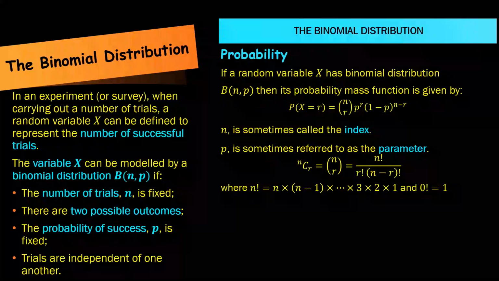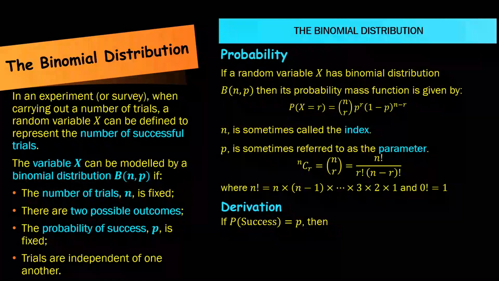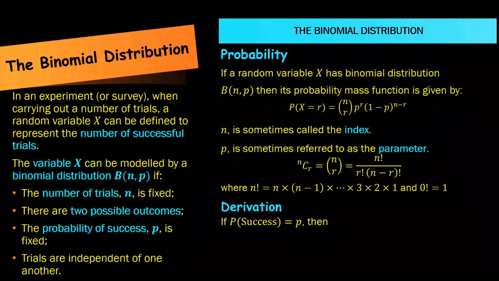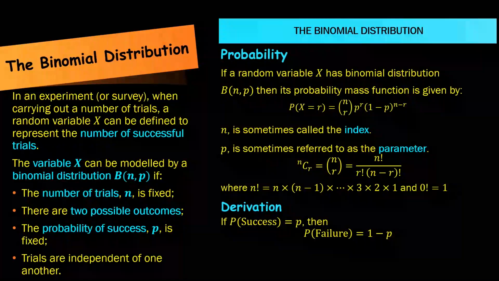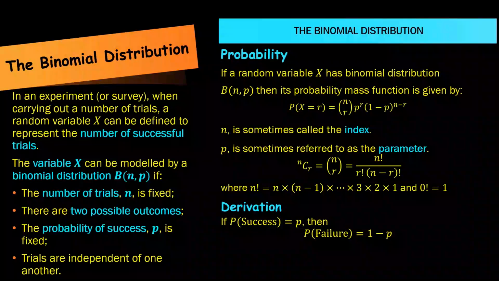This is convention. Also, if the probability of a success equals p, then the probability of a failure equals 1 minus p, since of course there are only two possible outcomes.